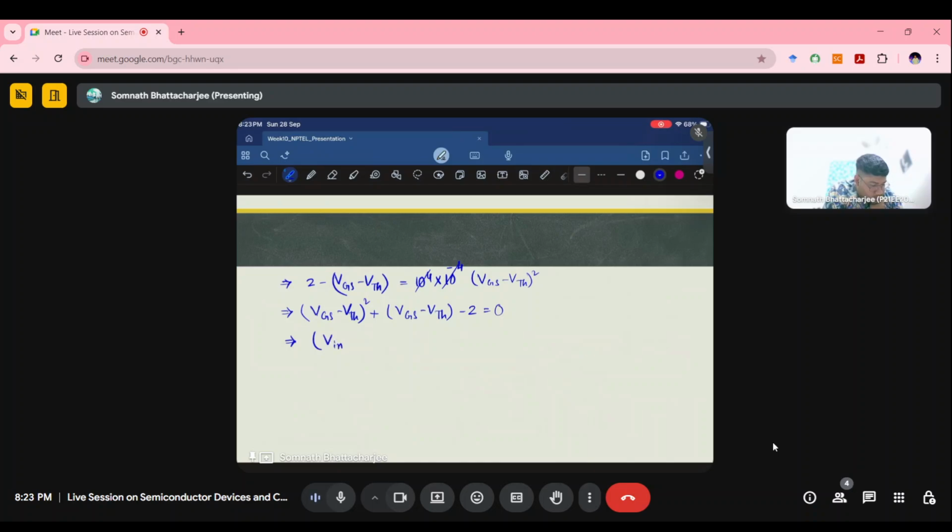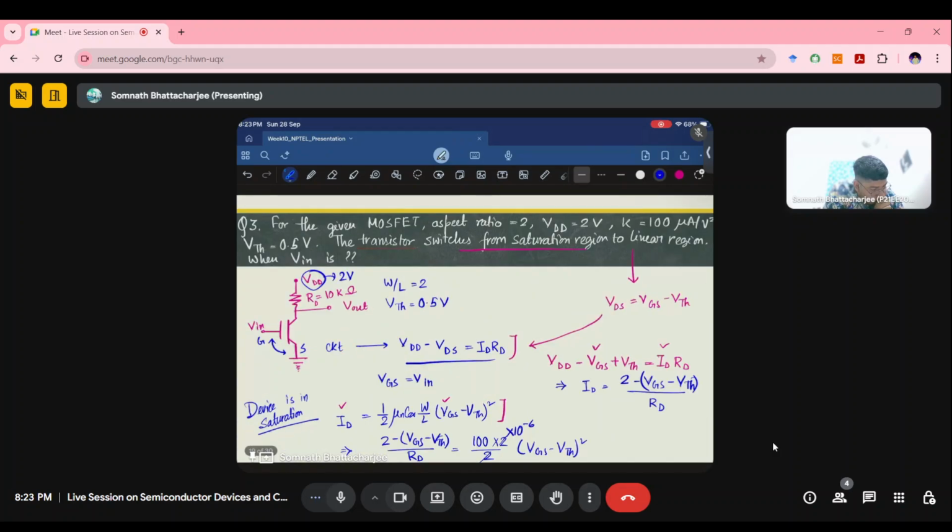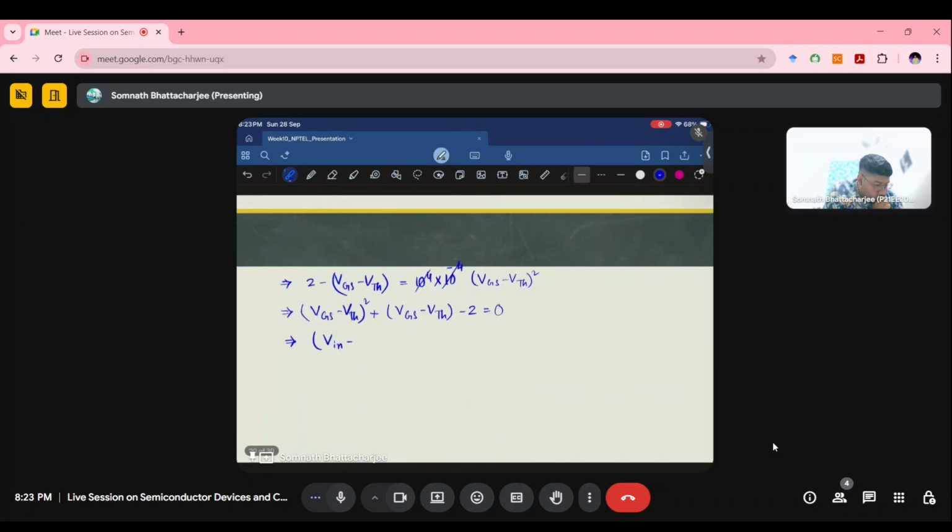So this is VGS minus VTH. VTH was how much? VTH was 0.5. So just write it as VGS minus 0.5, whole square, minus 2 equals to 0.